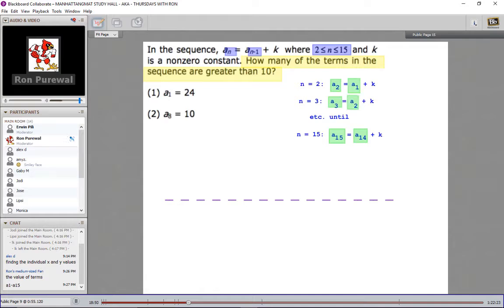You have to have terms 1 through 15. Also, the GMAT in general will always start sequences with term number 1. They have never, ever not done this, and there's no reason to suspect that they ever will. Because remember, this is a test where there are no trick questions and there's no deception. If they started a sequence with term number 2, that would definitely be a weirdo trick question.